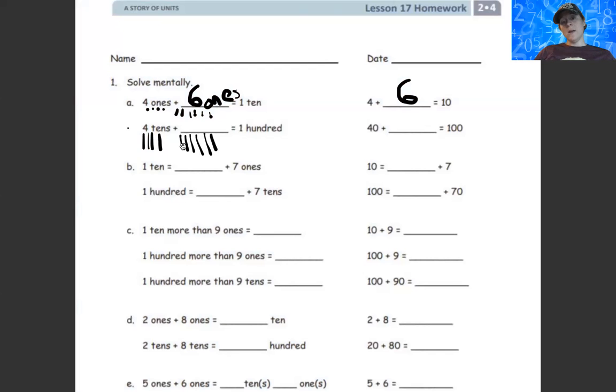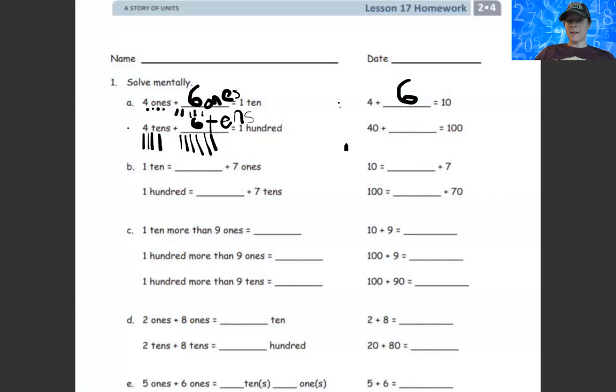Okay, so I did 1, 2, 3, 4, 5, 6. I did 6. 4 tens plus 6 tens equals 100. So 4 tens plus 6 tens equals a 100, or a flat. Remember the squares that we had?